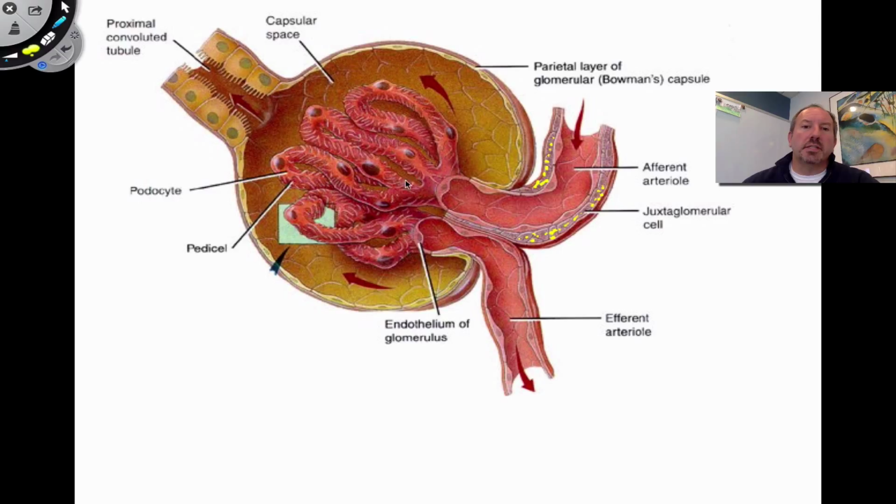And so the blood, nevertheless, comes in, zipping around. This is where all the filtration, the glomerular filtration, occurs, and it goes into the lumen or space of the Bowman's capsule or glomerular capsule. All right, so many cool things. Now the proximal renal tubule. Notice here these cells seem to have little extensions.